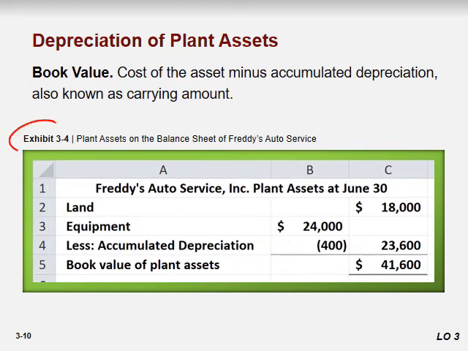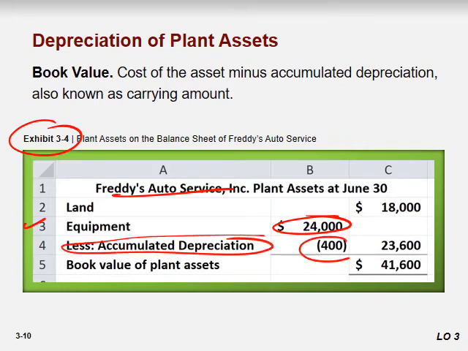So Exhibit 3.4 shows that one. We have a partial balance sheet statement of Credit Service. We have equipment, that is 24,000, less accumulated depreciation on equipment, which is 400. So the book value is going to be 23,600 of the plant assets. So the total of the assets is 41,600, right?